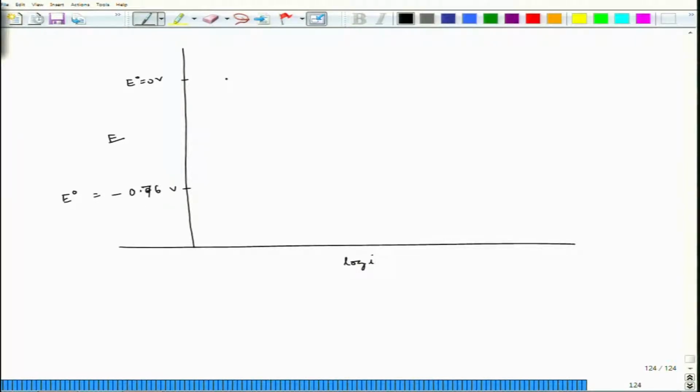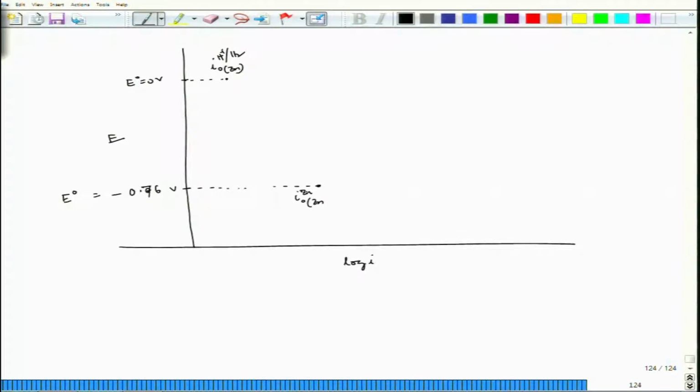Now, the exchange current density of hydrogen on the zinc surface, I0 zinc H2, and the exchange current density on the zinc surface for the zinc reaction, this is I0 zinc.